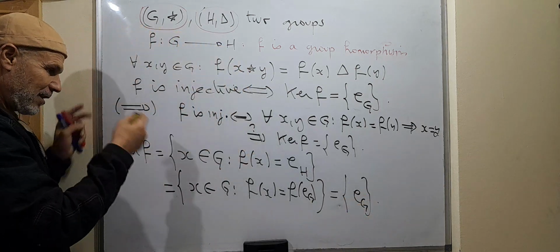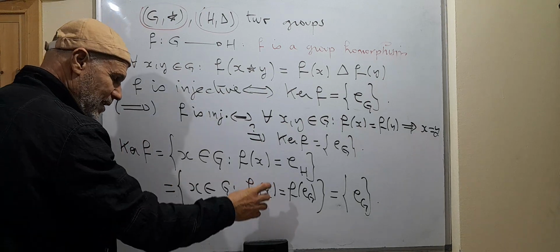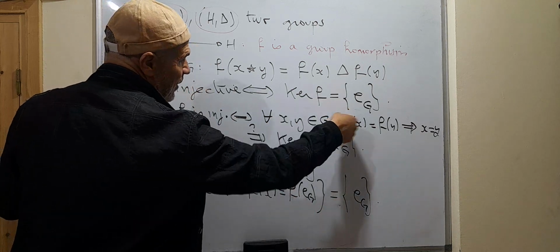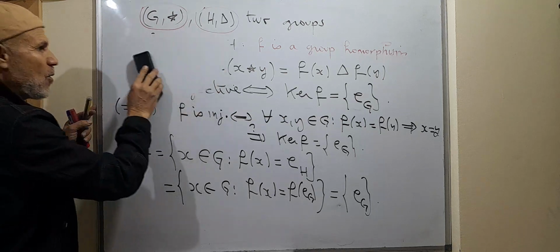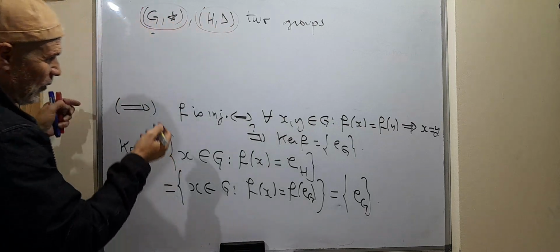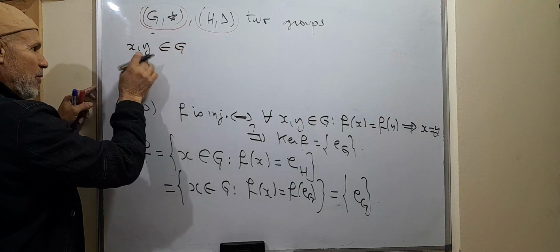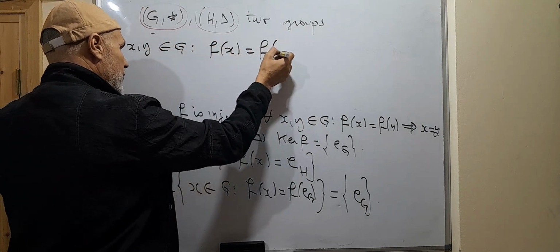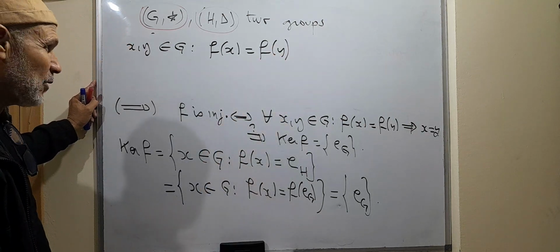Done in this sense. In the other sense, we suppose that the kernel is reduced to just this one, and we prove that f must be injective. To do so, we suppose that x and y are any given elements of G such that f of x equals f of y. What can we do?